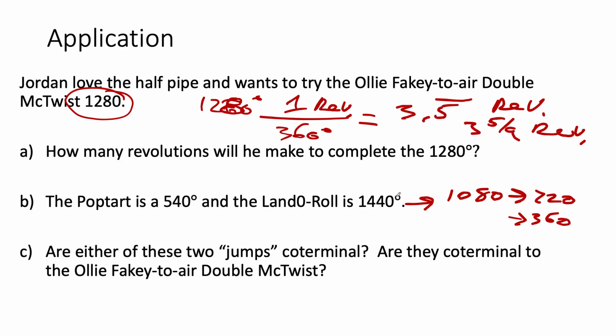And so really 540 is not coterminal with that. Are any of them coterminal with the double McTwist? 540, I can go plus 360 is 900. 900 plus 360 is 1260. So nope.